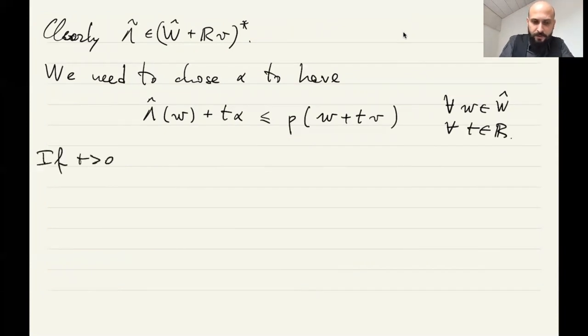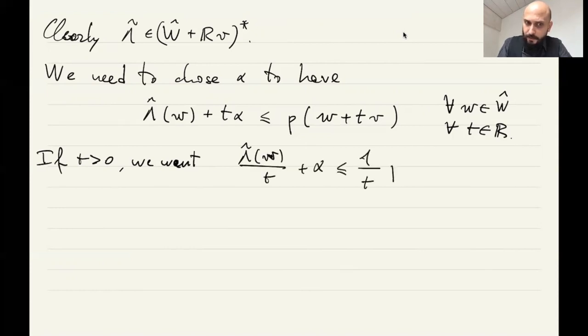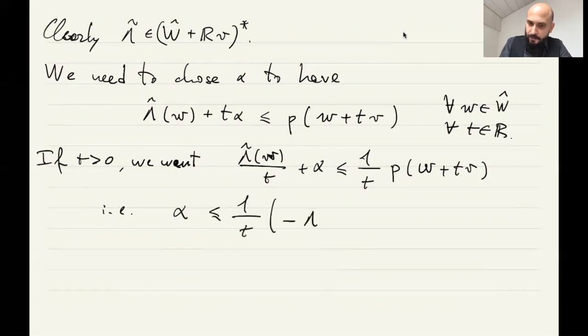If t is positive, what we want is that lambda hat of w divided by t plus alpha is less than 1 over t p of w plus tv, i.e. we want that alpha is less than, putting it on the other side, 1 over t times minus lambda hat of w plus p of w plus tv.